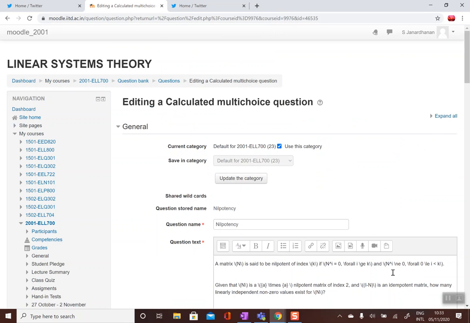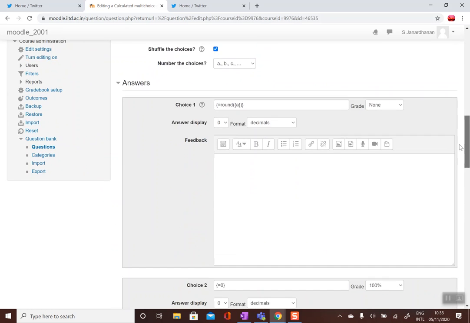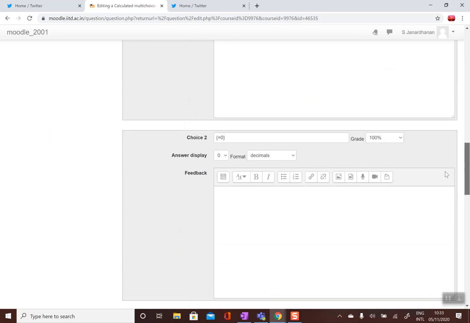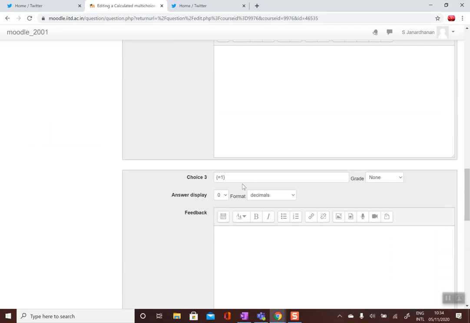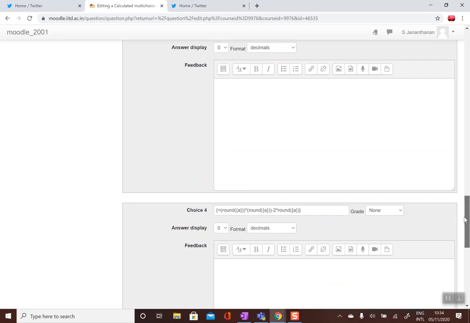Here I have defined a random variable a, that is the only random variable that you have. And you see there are four choices. One I have given as the round away, other is 0, third is 1. So if you enclose it within curly brackets with an equal to sign, it will take those values.